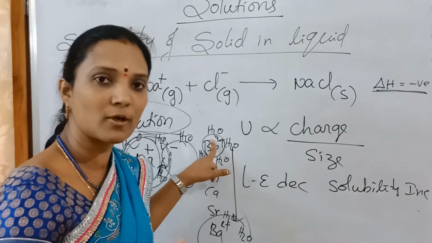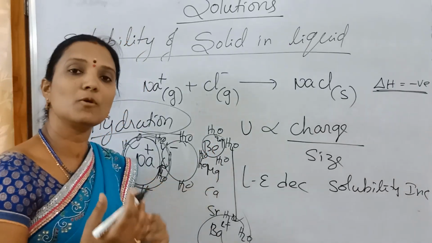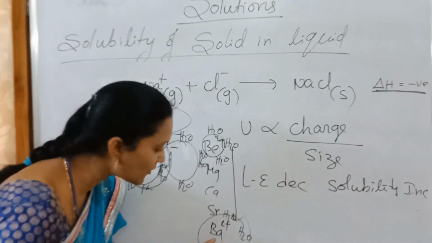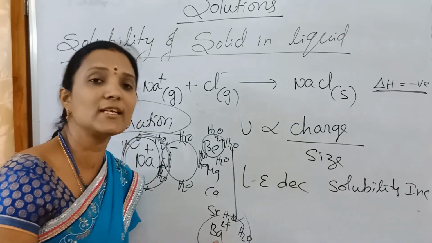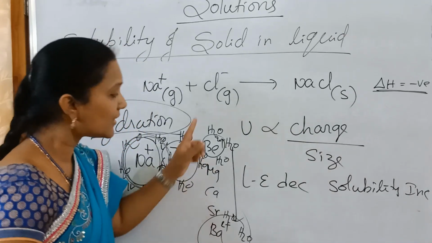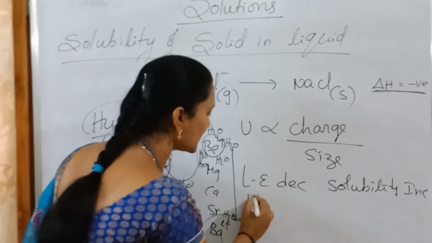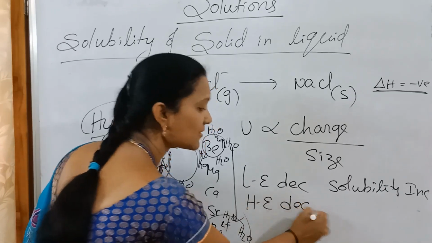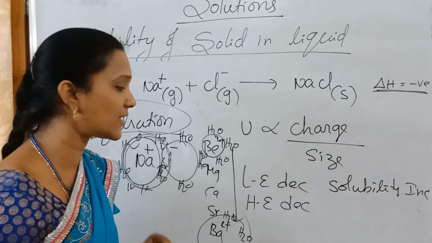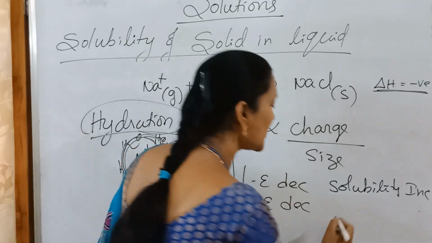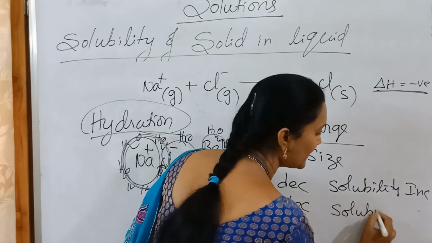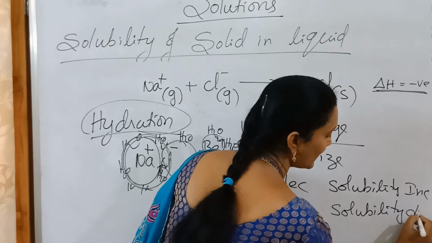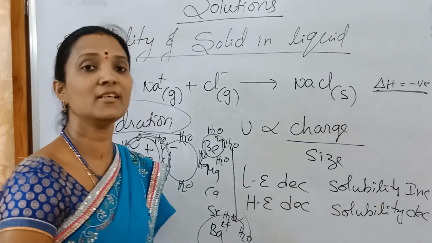Surrounded by more water molecules means more hydration energy; fewer water molecules means less hydration energy. So down the group, size increases and hydration energy decreases. Hydration energy decreases, solubility decreases.